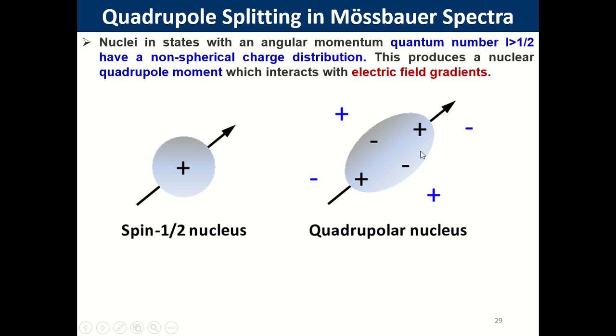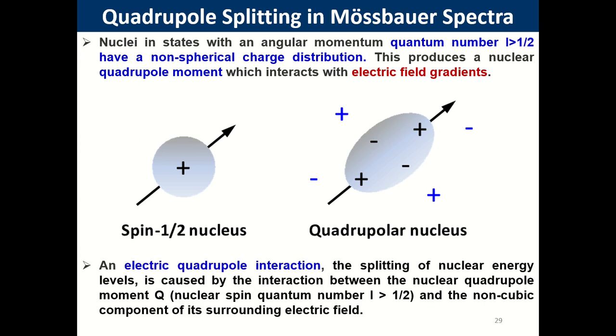So this is how you are getting 4 poles, 1 2 3 4, plus minus. In a dipole there are 2 poles, in a quadrupole there are 4 poles. This kind of thing can arise in a non-spherical nucleus having a quantum number greater than half.